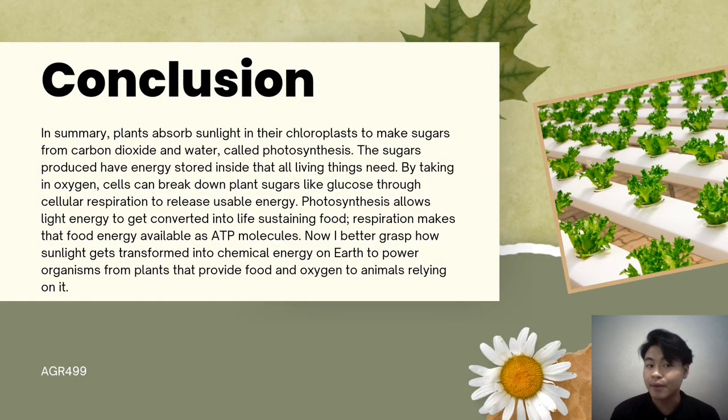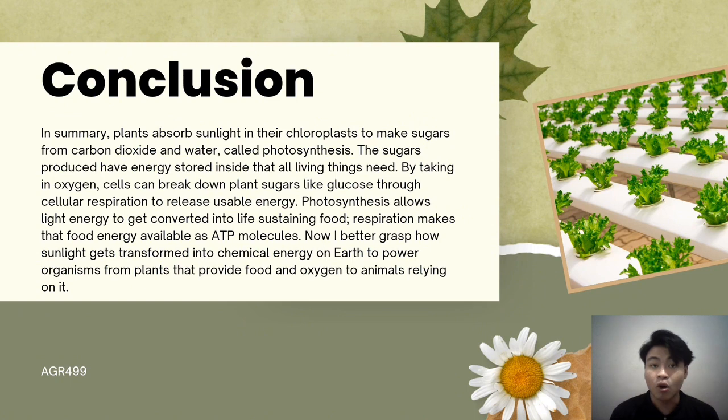Conclusion. In summary, plants absorb sunlight in the chloroplast to make sugar from carbon dioxide and water, called photosynthesis. The sugar produced has energy stored inside that living things need.